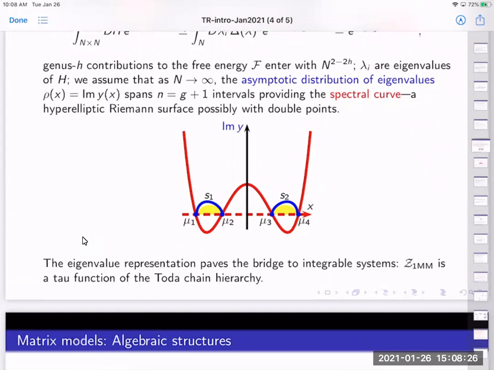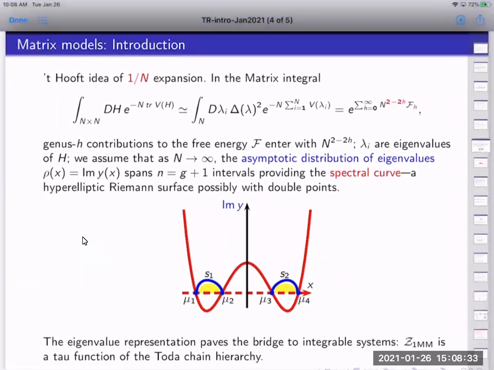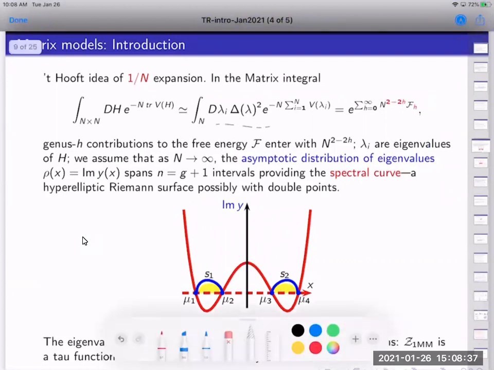And just to mention again, it's not my intention today, no way, but these representations in terms of eigenvalues are crucial for addressing a situation when we want to consider some integrable systems related to these matrix integrals.